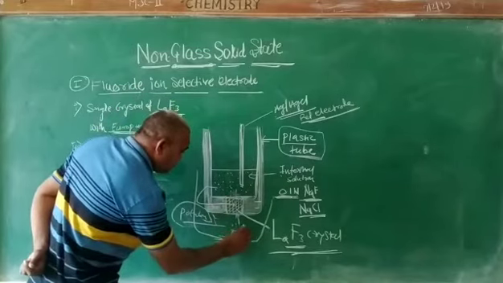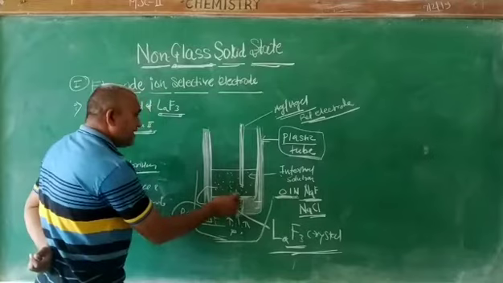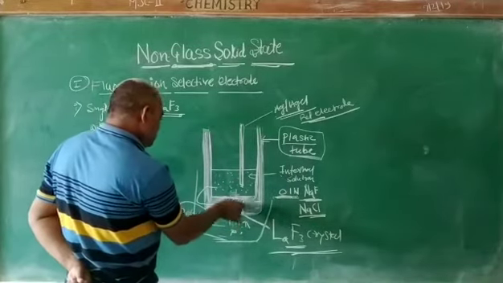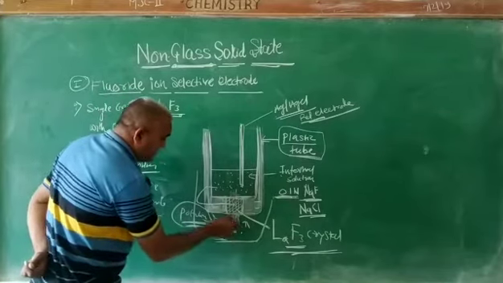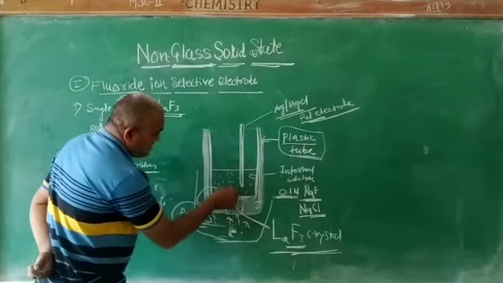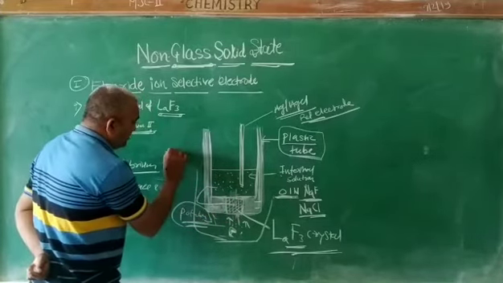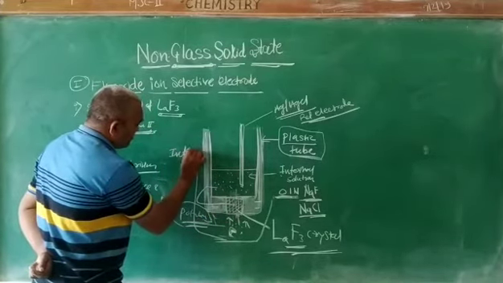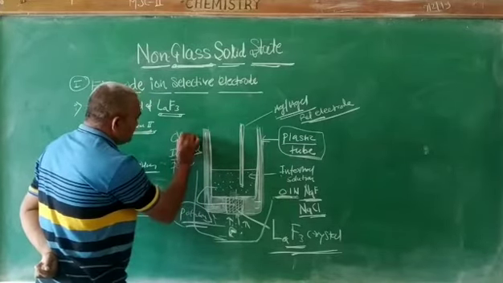Fluoride ions go to the inside. So when the external fluoride ion goes inside this electrode, there is a change in the internal potential.